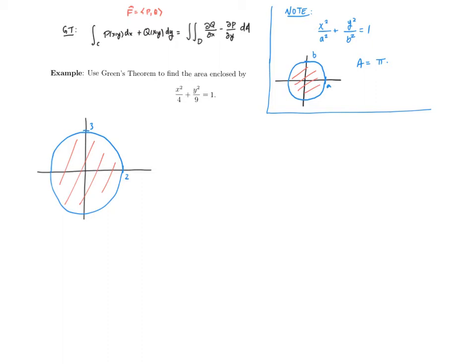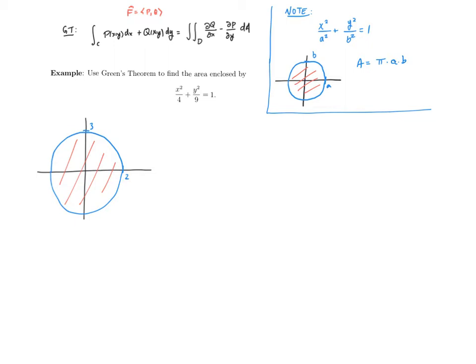But let's think back to a circle. A circle is really just a special instance of an ellipse when a and b are equal to each other, and the area would be pi times radius squared, so pi times a squared, say. But if a and b are different, we need to multiply pi by both a and b. So it's really just the generalized version of the area of a circle we've used many times.